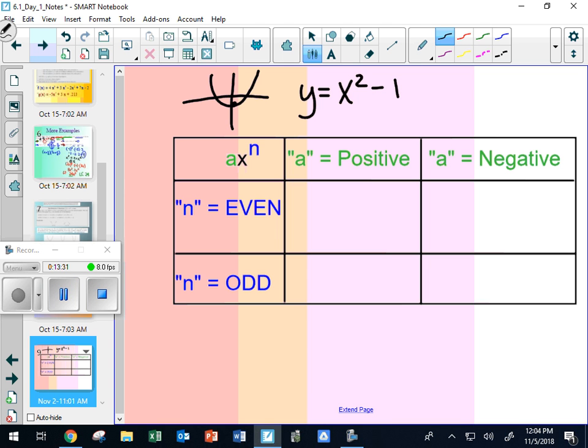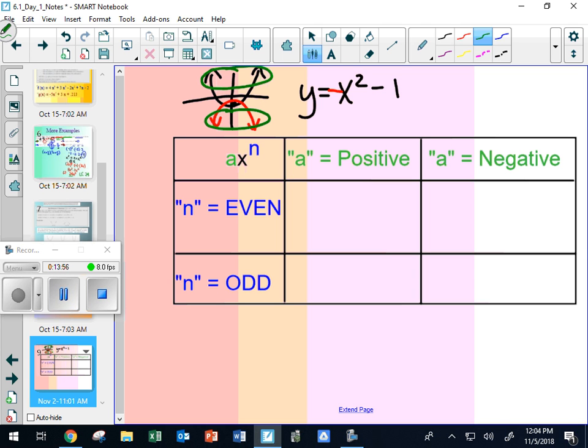Upwards. So it would look like this. Okay. What would I have to change in order to make the parabola face downwards? I have to put a negative right here, and then this would become a downward facing parabola. These right here are the end behaviors.